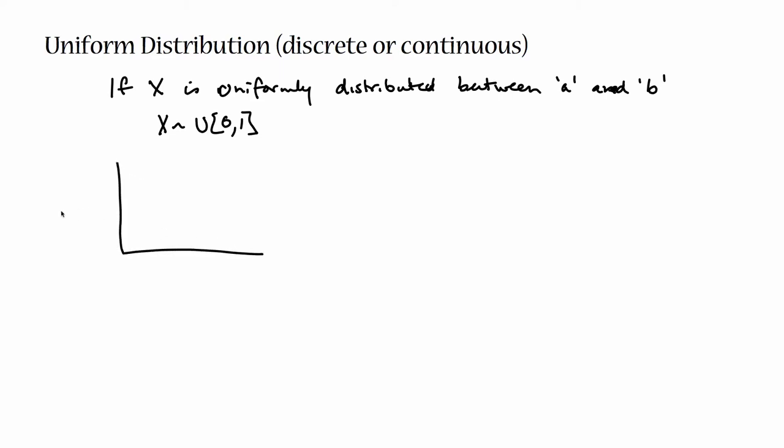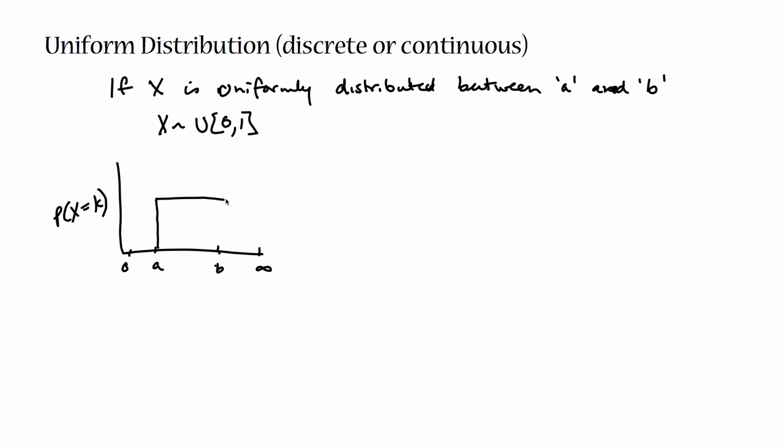So I'm going to do this visually. Right, the probability that x is equal to k. So here's 0, here's a, here's b. This is some big number.